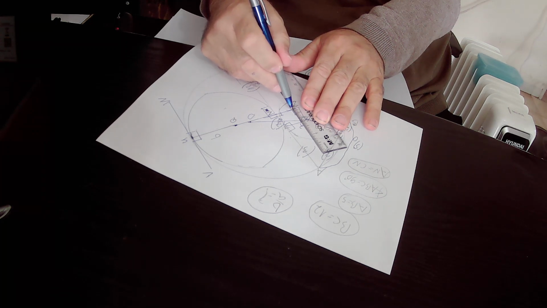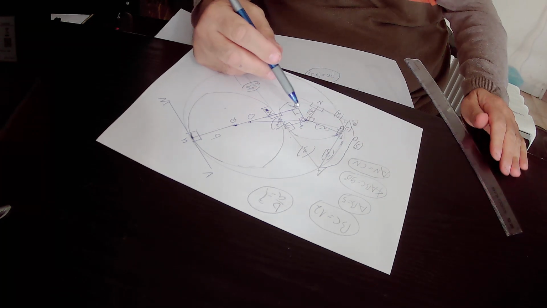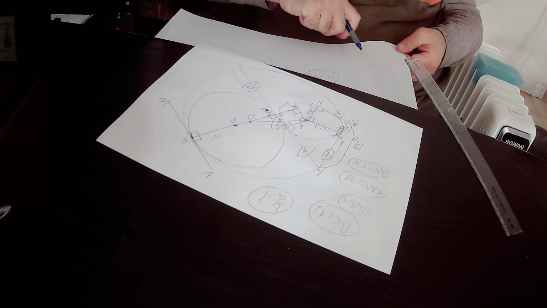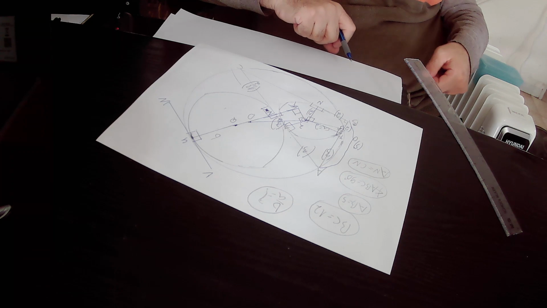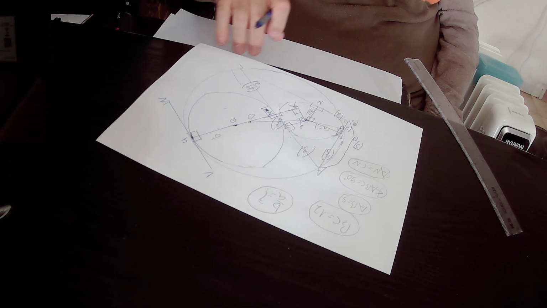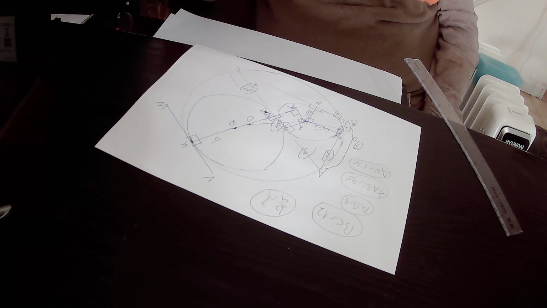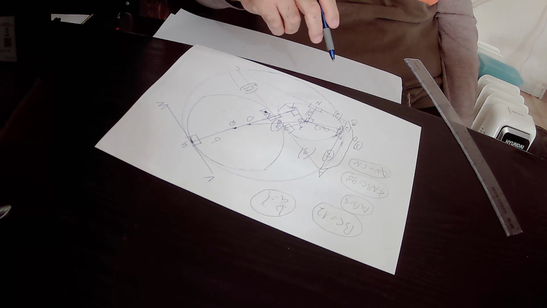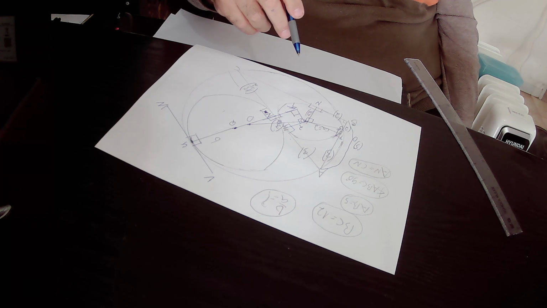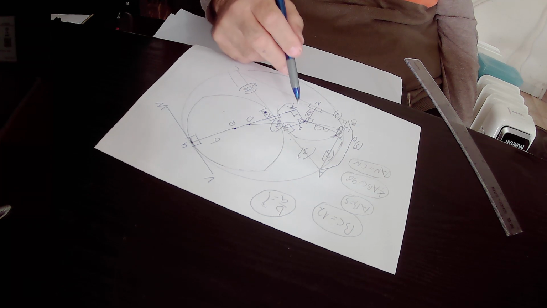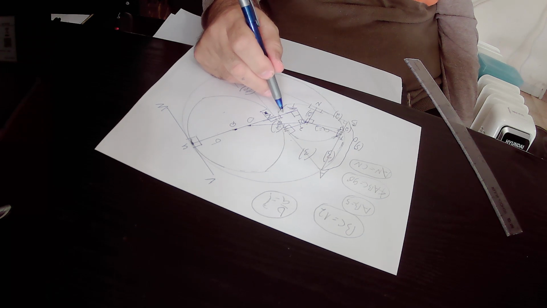So inside quadrangle PMNT, we have 4 right angles. Any quadrangle that has 4 right angles must be a rectangle, if not a square. So we treat quadrangle PMNT as a rectangle, and we know that the opposite sides of a rectangle are equal to each other. That is to say, in rectangle PMNT, PM must be equal to NT, but PM is 2, therefore NT must also be equal to 2.